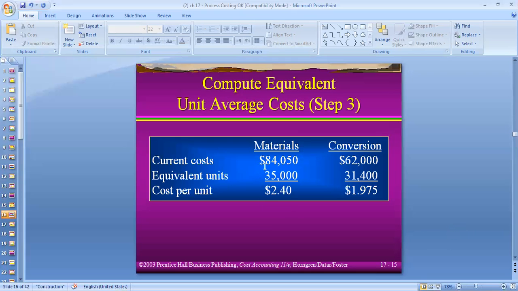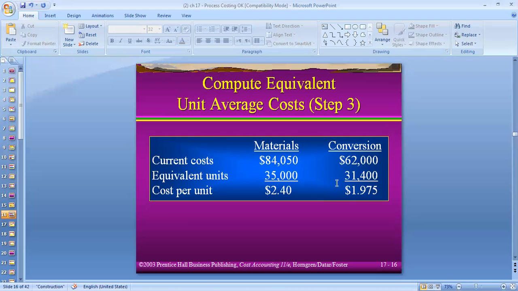Current cost, 84,050 and 62,000. That is material and conversion cost. Equivalent units, 35,000 and 31,400. Where is the cost of the beginning inventory? We didn't add it to the current cost of the period. But in the weighted average method, we added both together.